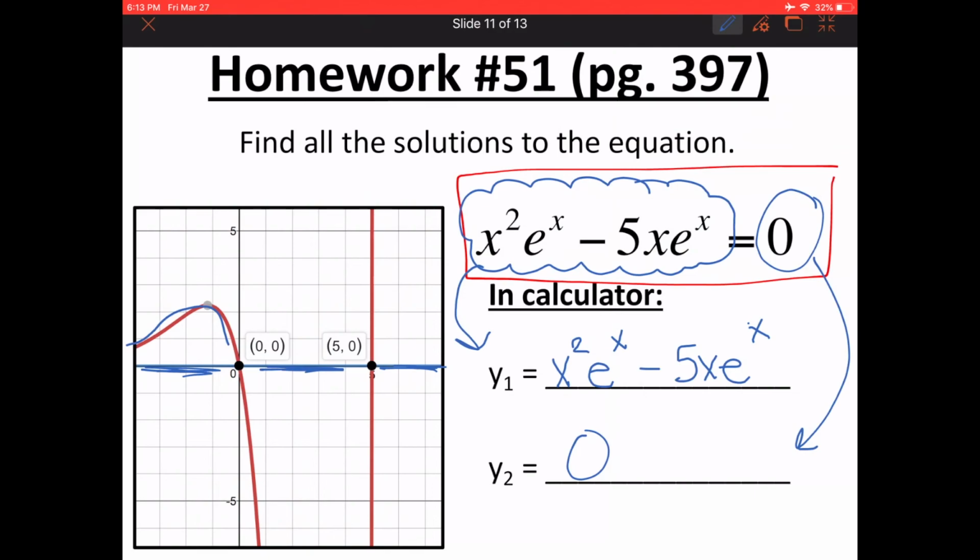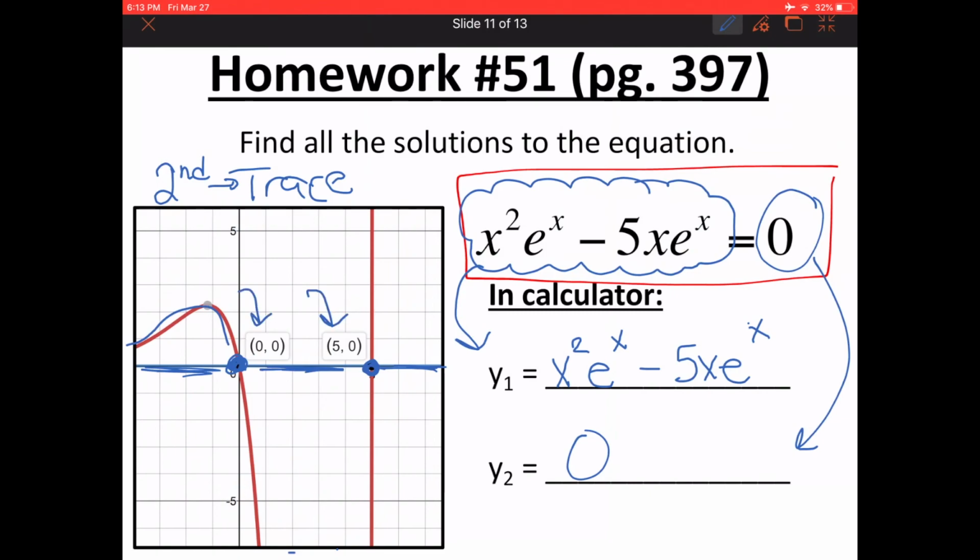Okay? Then I'm going to go to second trace, and then I'm going to go to intersect. And notice these intersect in two separate places. So I have one intersection here, another intersection here. And which part of those intersections do I care about? I always care about the x.